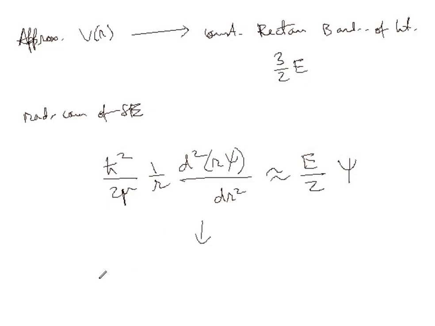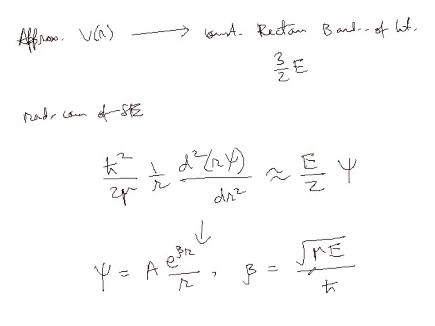Now this has a solution: psi is equal to e to the power beta r by r, where beta is equal to root over mu E divided by h cross. The second independent solution of the equation, with an amplitude that rises with decreasing radius, is unphysical, and we are not talking about it.